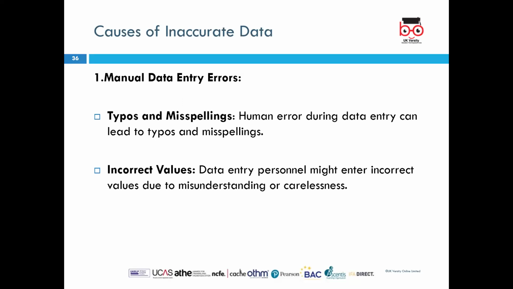Manual data entry errors, such as typos and misspellings. Human error during data entry can lead to typos or misspellings. Incorrect values, where data entry personnel might enter incorrect values due to misunderstanding or carelessness.